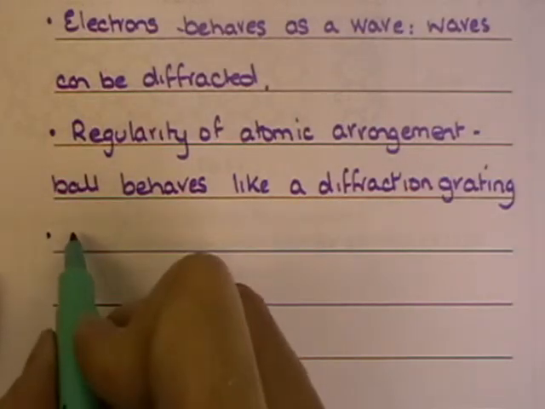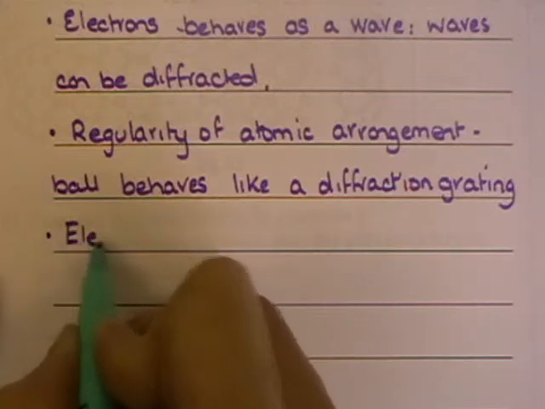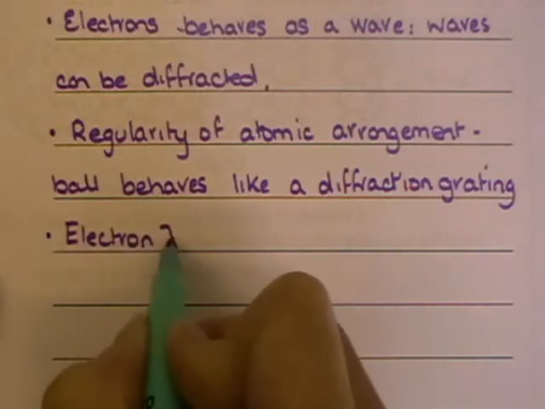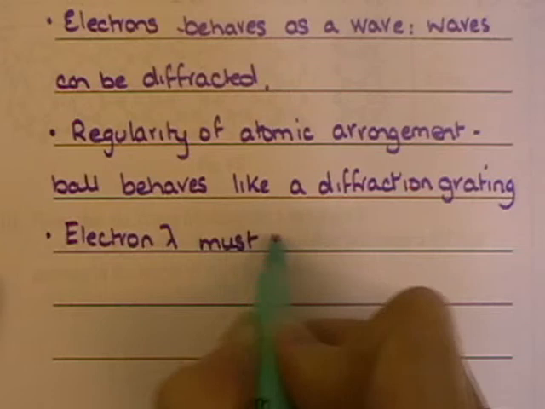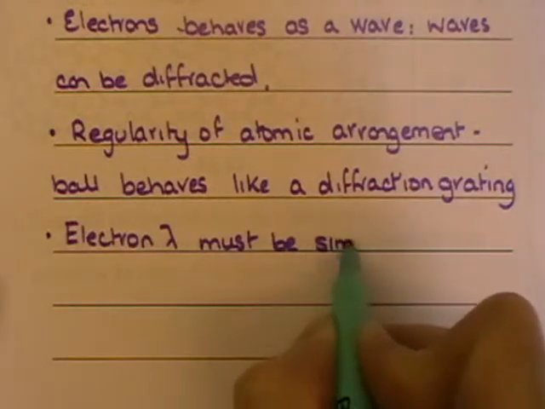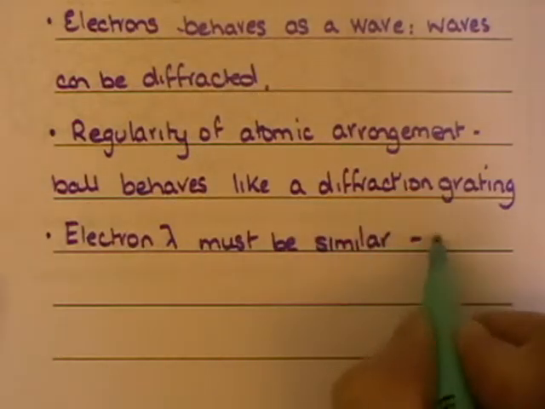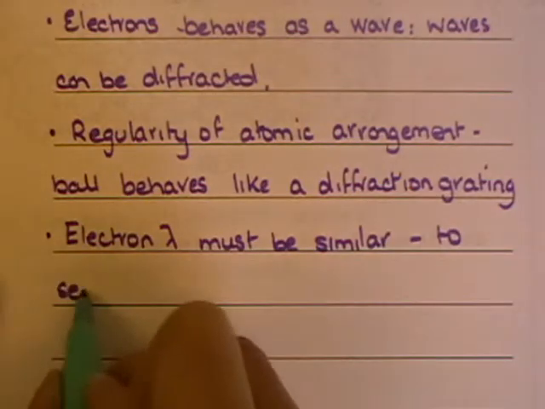And the electron wavelength must be similar to see an observable diffraction pattern.